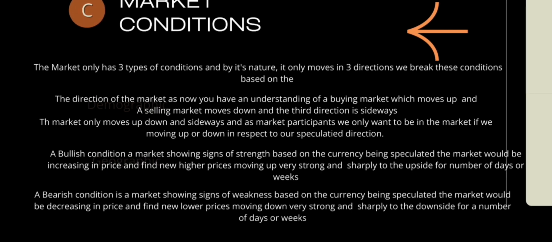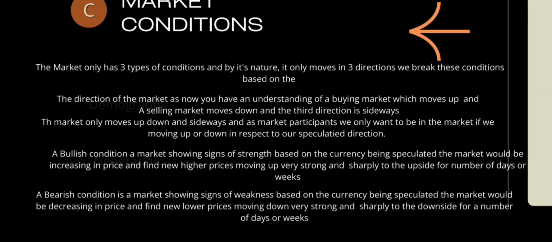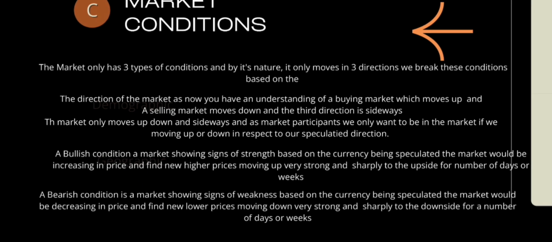So in a bullish market, the price would be increasing and find new higher prices as time goes, moving up very strong and very sharply to indicate that buyers are in the market and they are controlling price for a further number of days or weeks.